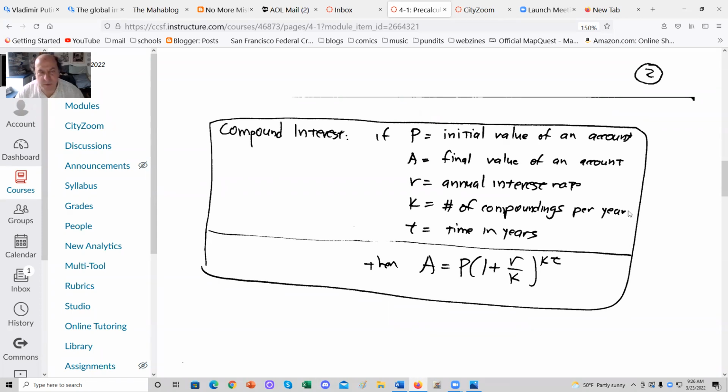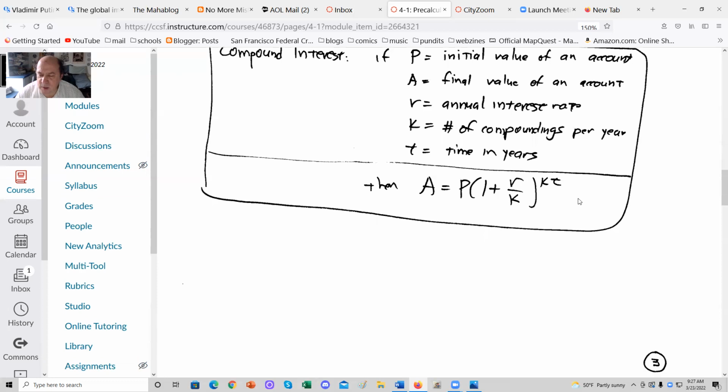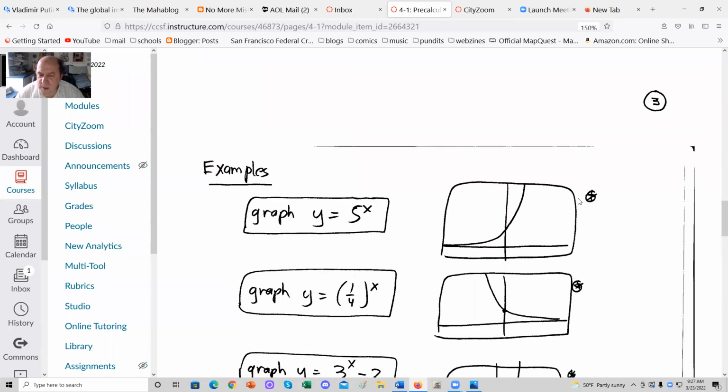So quarterly compounding, K is 4, monthly compounding, K is 12, and so on. And T is the time in years. Then A, the final value, equals P, the initial value, times 1 plus R over K to the KT. What K does is that it decreases the interest rate per period, but increases the number of periods in a given time.